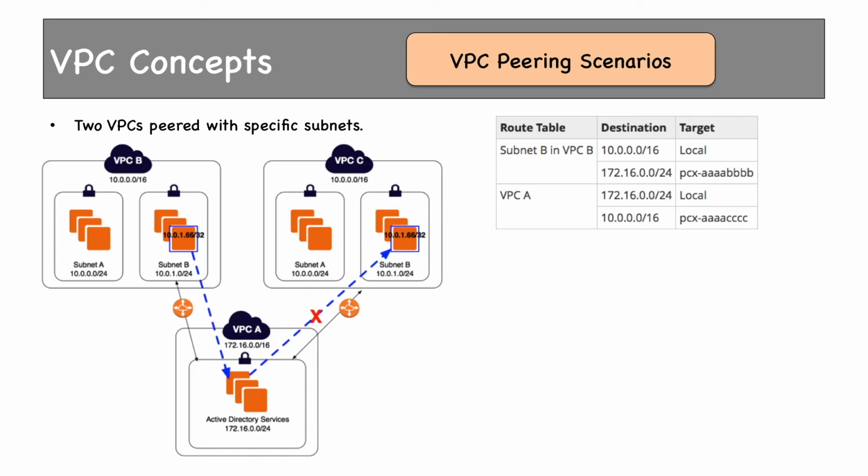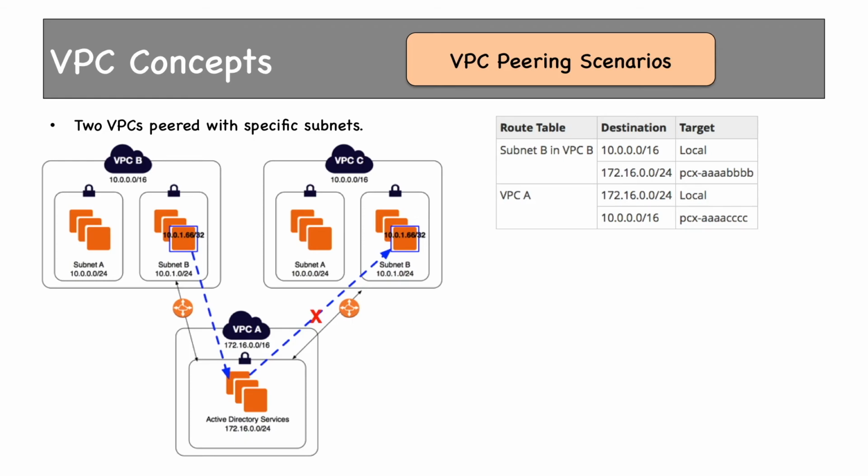However, the VPC A route table is configured to send all traffic within the range of 10.0.0.0/16 to the VPC peering connection between A and C. If subnet B of VPC C has an instance with the same IP address of 10.0.1.66, then the response would be sent there. The instance in subnet B of VPC B will never receive the response.